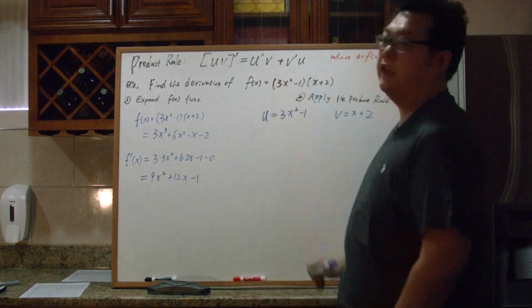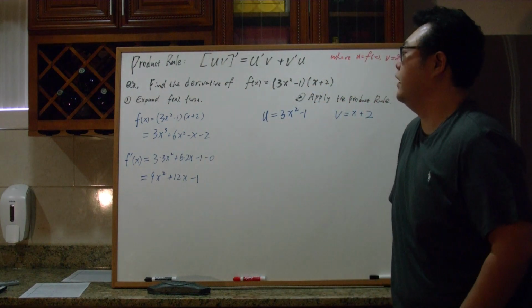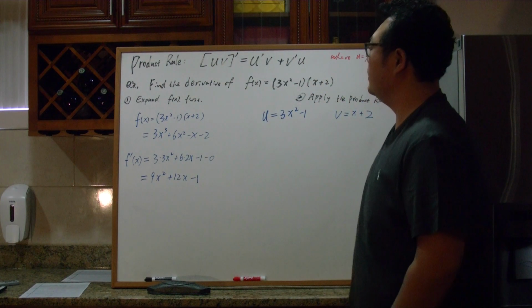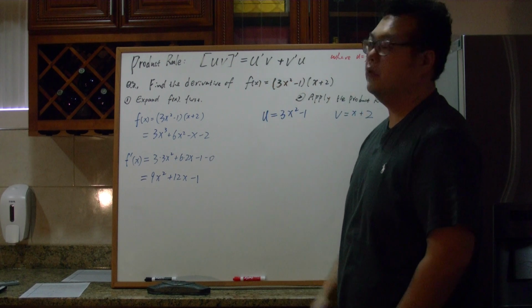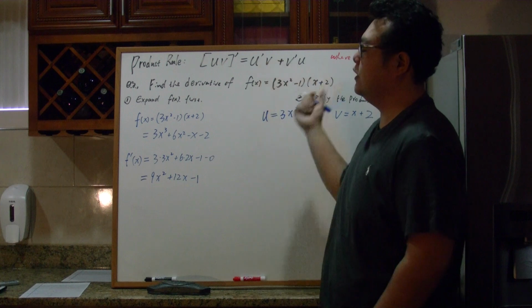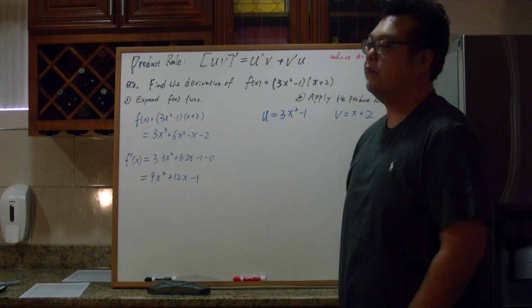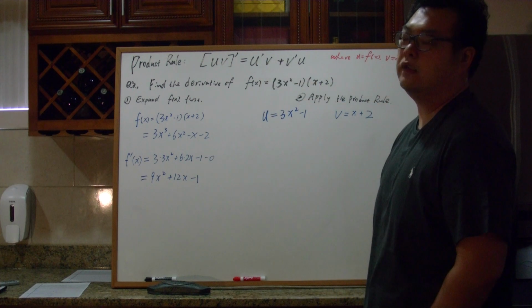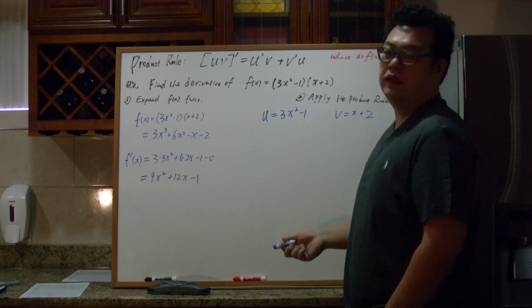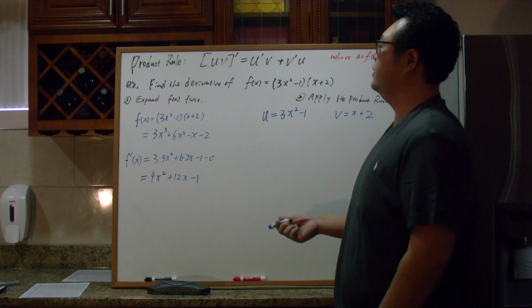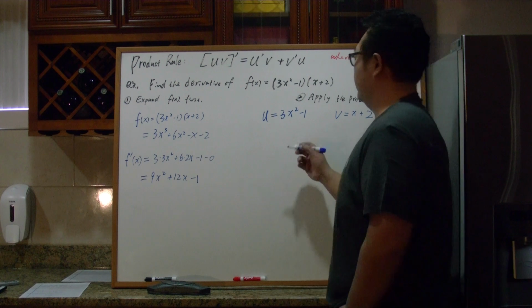That's what the formula tells us to do. And what we do is u prime times v plus v prime times u. Be careful to keep the order, because later we have the quotient rule, where order really matters, as we will see. The quotient rule is a little different, but similar.